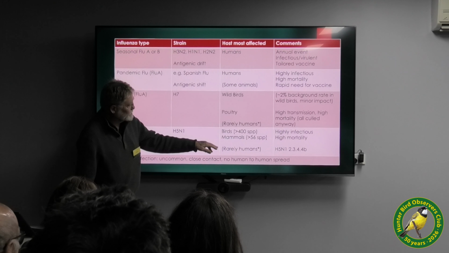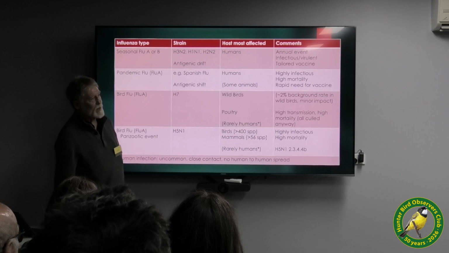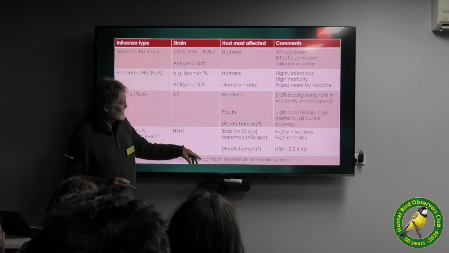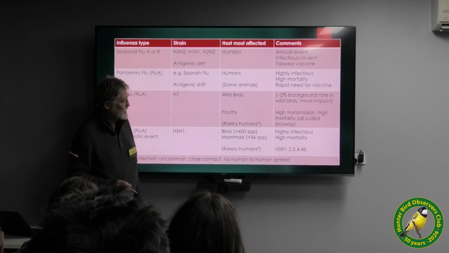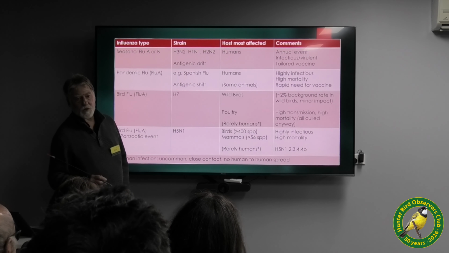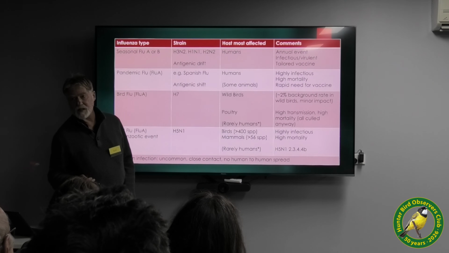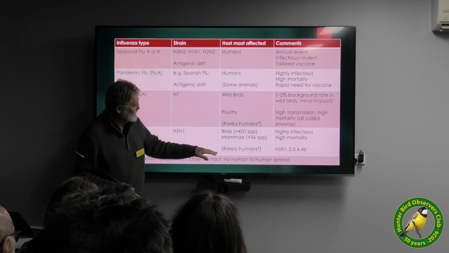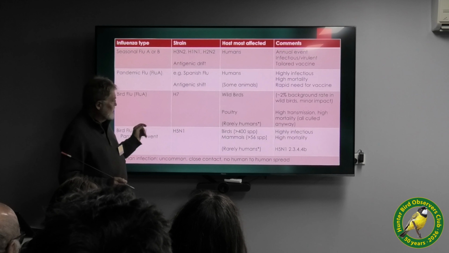Now I checked with the other AI, artificial intelligence, and it tells me that about 1,000 people have been infected by the H5N1, and there was about a 40 to 50% mortality rate. So that's a high mortality rate, but humans don't really get it.